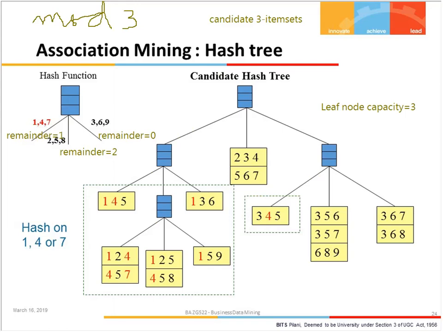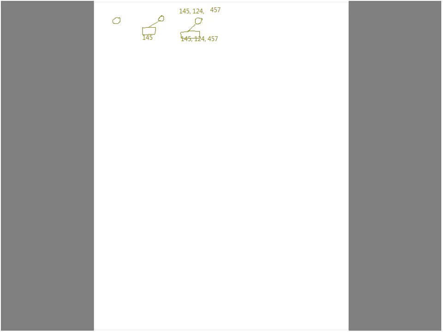After that, 125 comes. Now when 125 comes, this node is overflowing because it has already got 3 items. So we need to generate the next level.